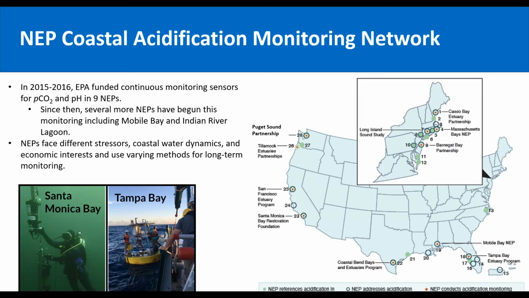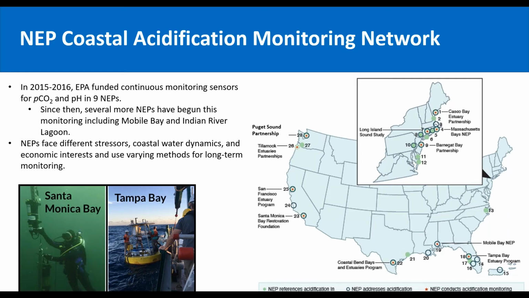It's kind of hard to see on this map here. Several of them are up in the Northeast, Tampa Bay, and Mission-Aransas down in the Gulf, and then a few on the West Coast as well. Since that time, several more of these programs have begun monitoring, including Mobile Bay, and you'll hear about Indian River Lagoon a little bit today as well.